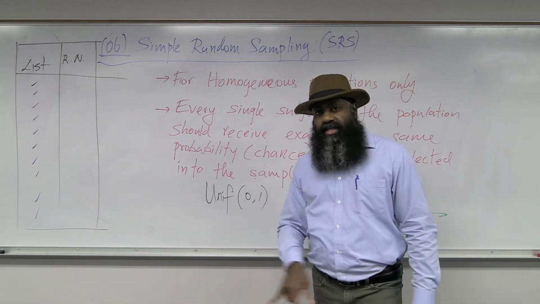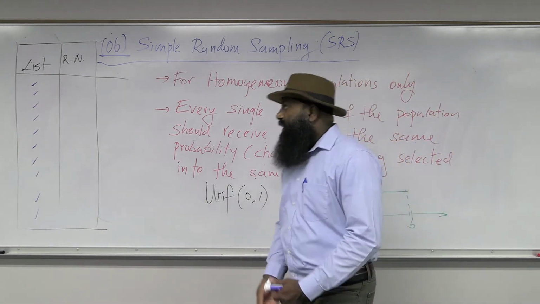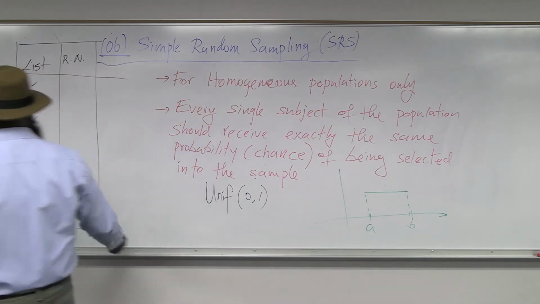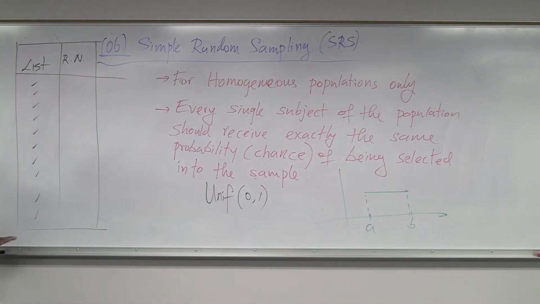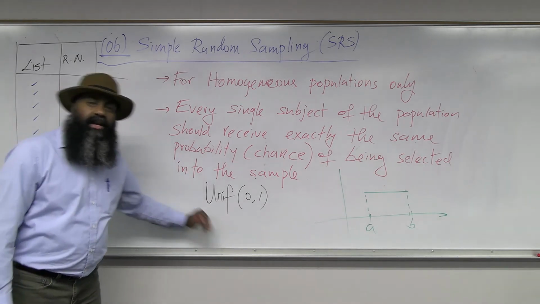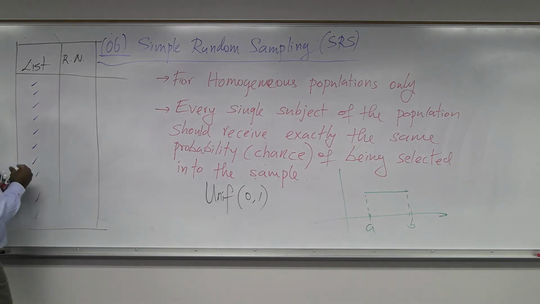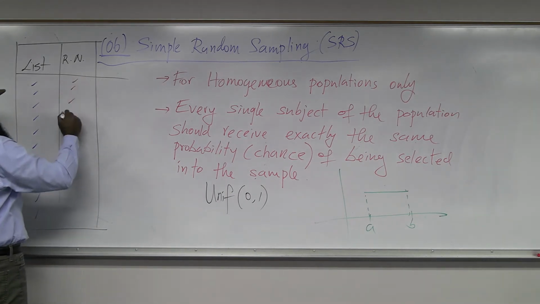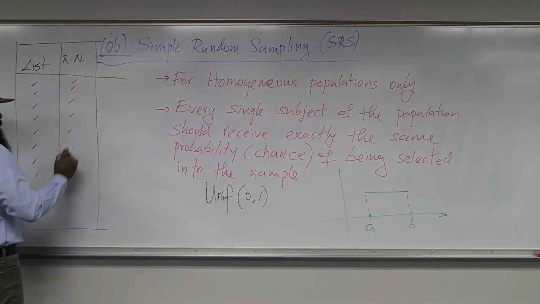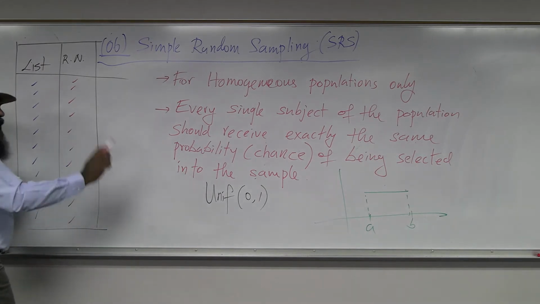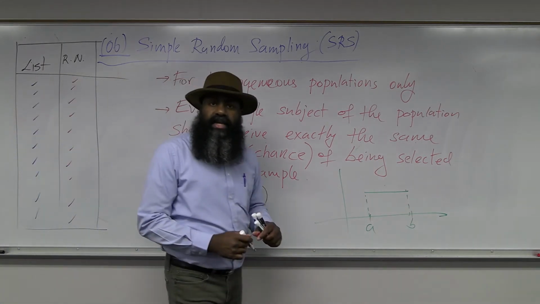You can pick any of these values. And let's say I had 100,000 subjects in my population. Then I must generate 100,000 random numbers. Okay, so each subject in this list will now have a certain random number assigned.